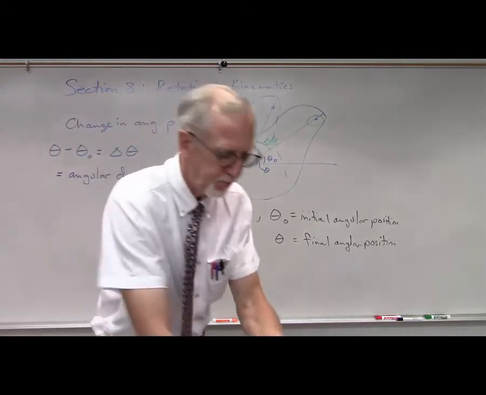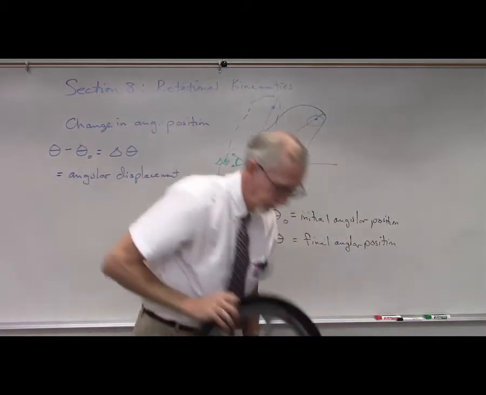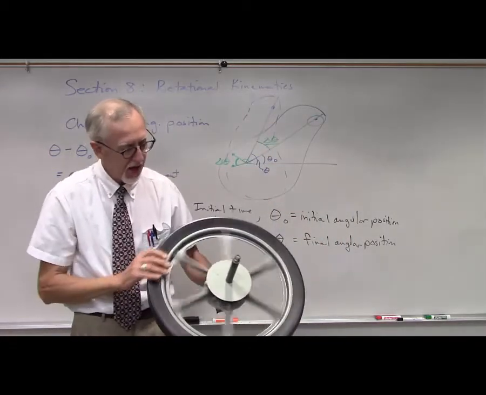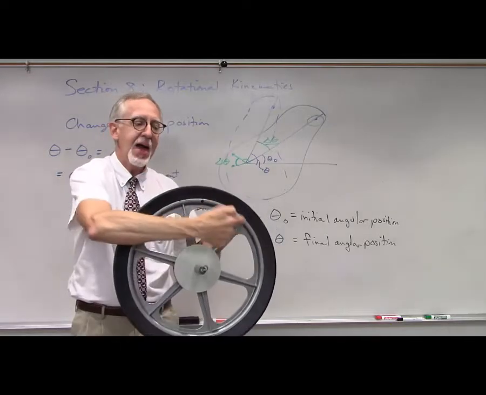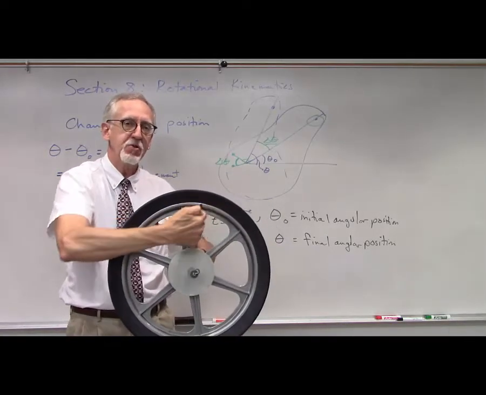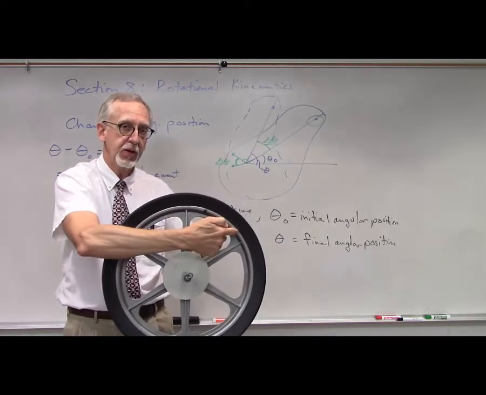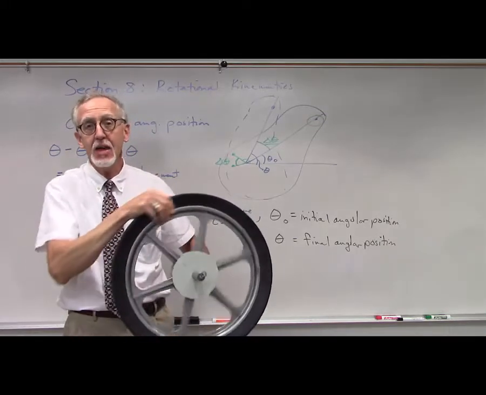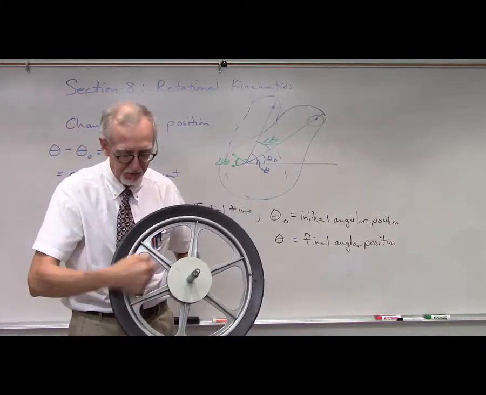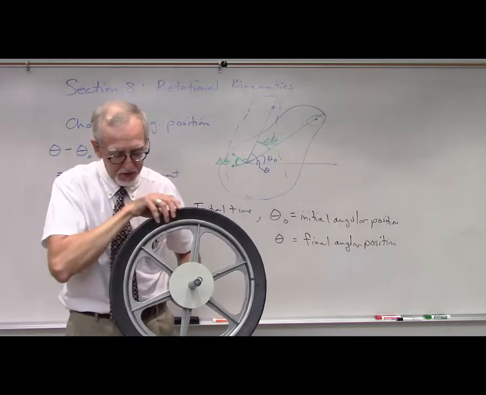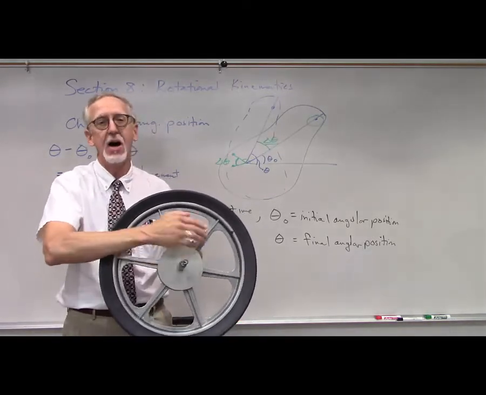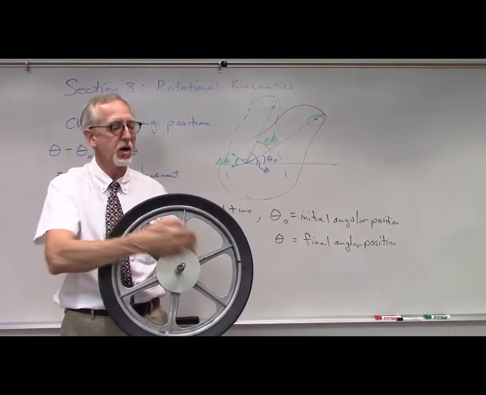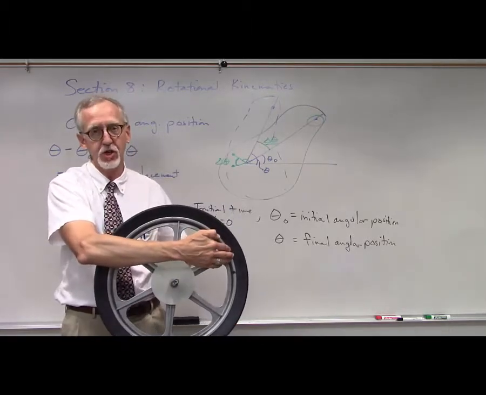In other words, back here, if we have our reference point here and the object rotates, the angle through which it rotates by measuring the motion of this reference point would be exactly the same angle as if we had some other reference point, maybe over here, and it moved through the same angle. The angle through which the object moves is the same regardless of what reference point we chose.